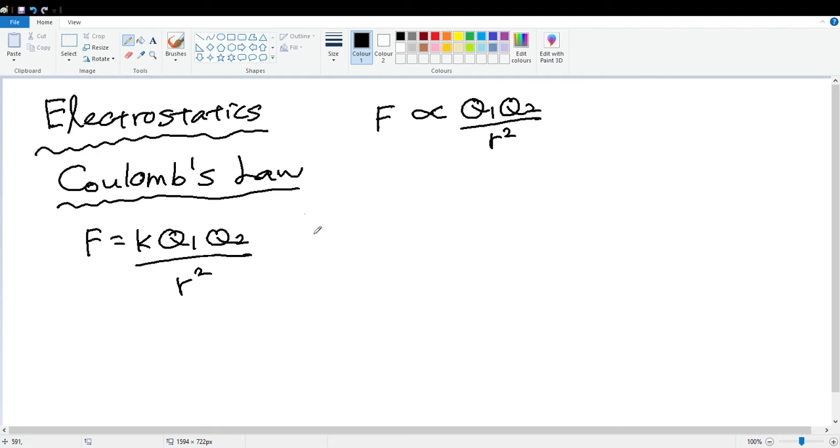This constant is equal to 1 over 4 pi epsilon, where epsilon is the permittivity of free space.